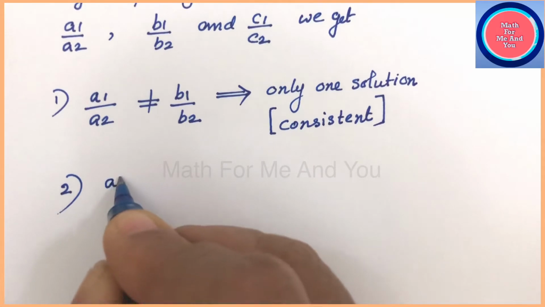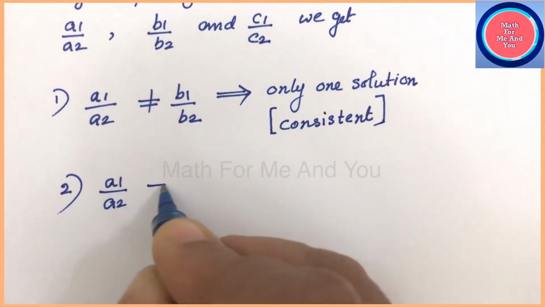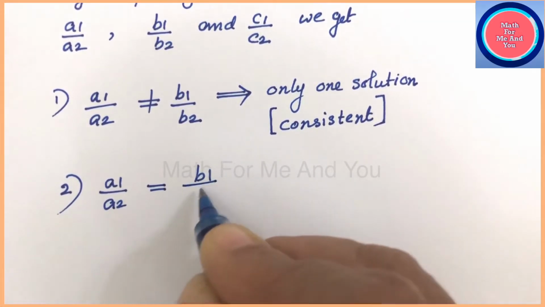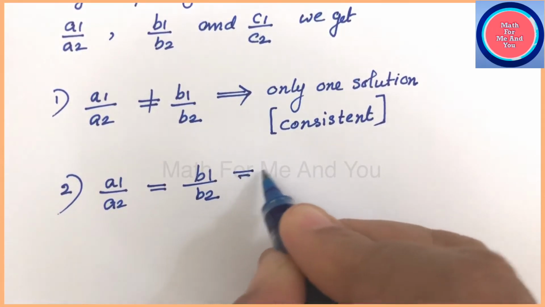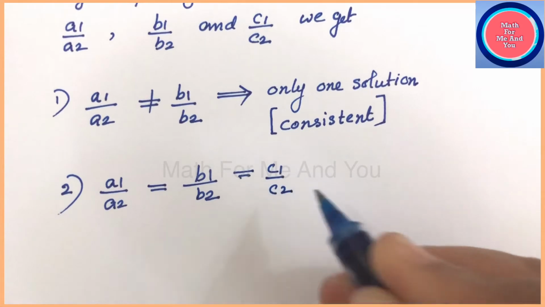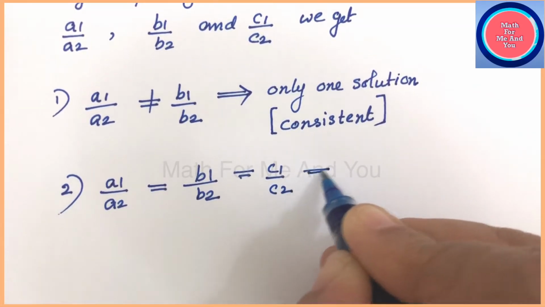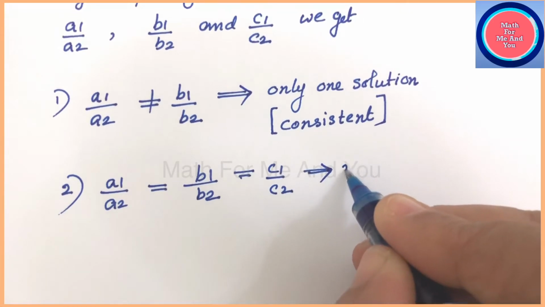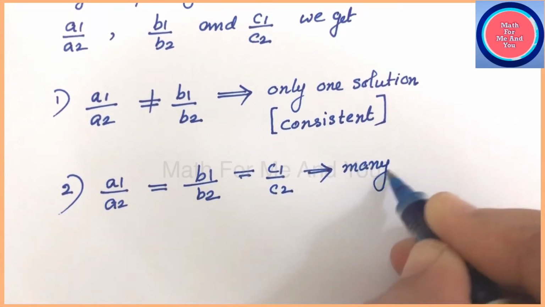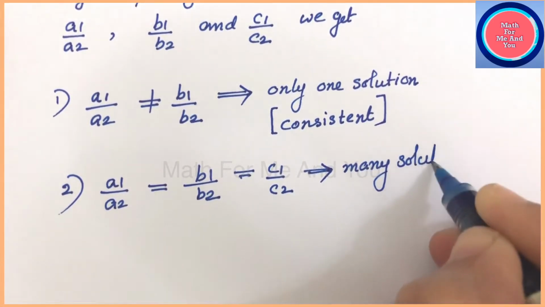Next is a1 by a2 equals b1 by b2 equals c1 by c2. If all three ratios are equal, that means a1 by a2 equals b1 by b2 equals c1 by c2, then the equations have infinitely many solutions.